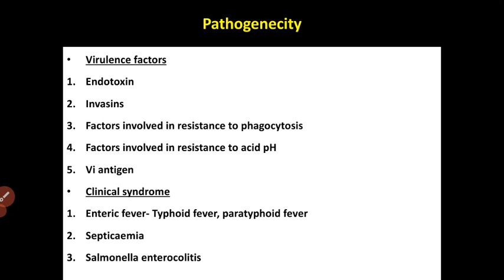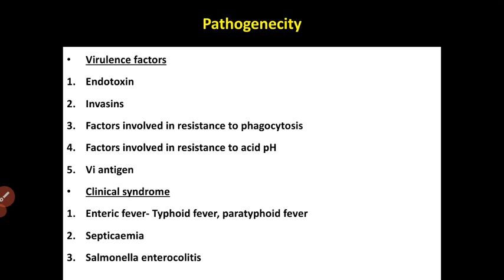Salmonella are protected from stomach acid and acid pH of the phagosome by the acid tolerance response ATR gene of the chromosome. Understood? Next, Vi antigen, virulence antigen. This surface antigen of Salmonella typhi has antiphagocytic properties. Its role as a virulence factor is not clear. Okay?